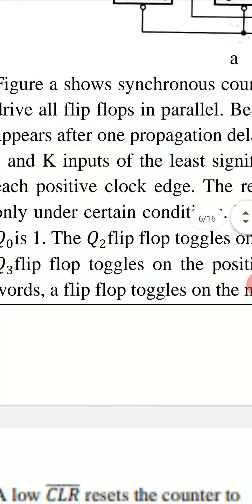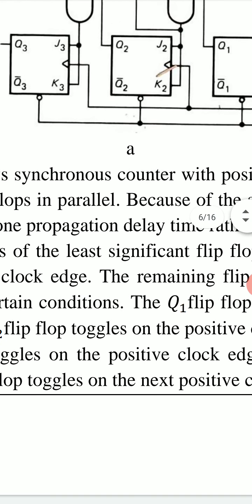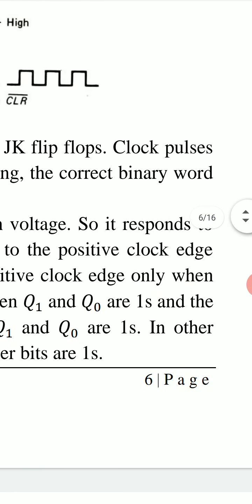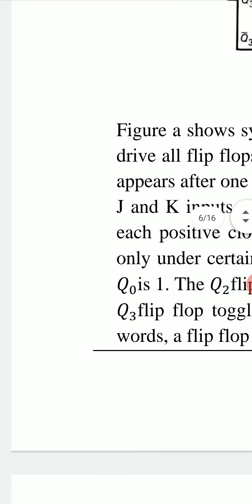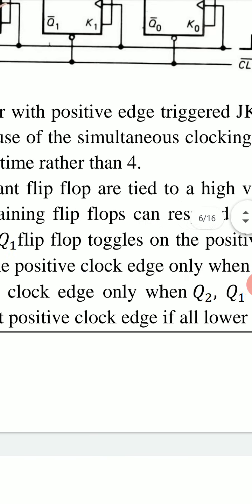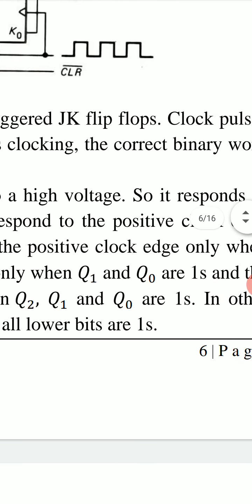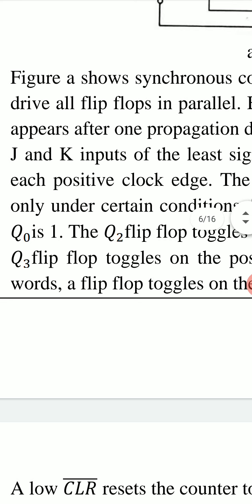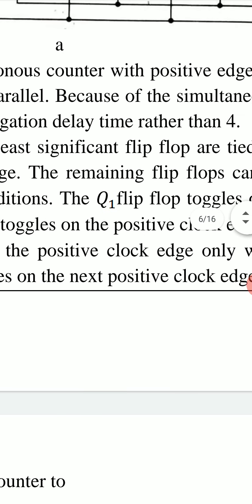Figure A shows synchronous counter with positive edge triggered JK flip-flops. Clock pulses drive all flip-flops in parallel. Because of the simultaneous clocking, the correct binary word appears after one propagation delay time rather than 4.